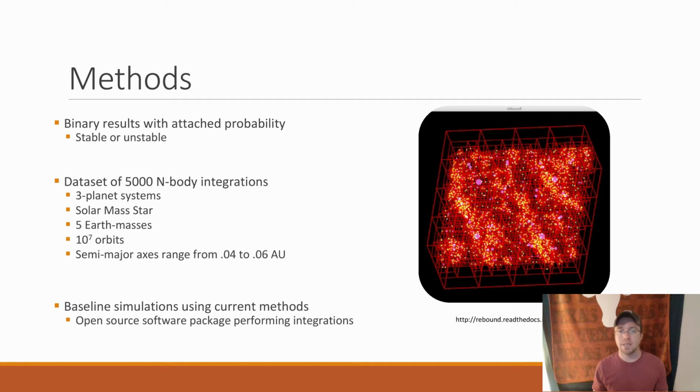Again, timescales of 10 to the 7 orbits, and that's the orbital timescale of the innermost planet. And then the semi-major axes of the planets range from 0.04 to 0.06 AU. Of course, to use a baseline and to actually know the correct answers of stable or unstable in the first place, they went ahead and performed the N-body integrations on the entire data set using some open source software.